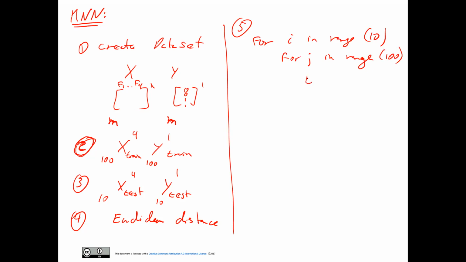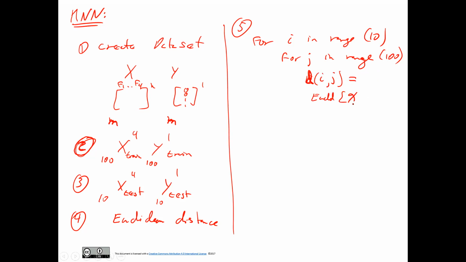You're going to say d of ij. D of ij is going to be equal to what? To the Euclidean of what?